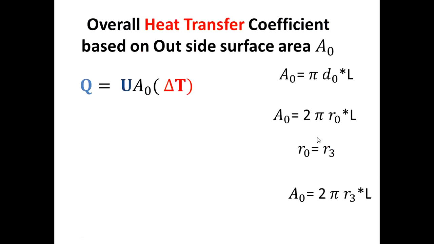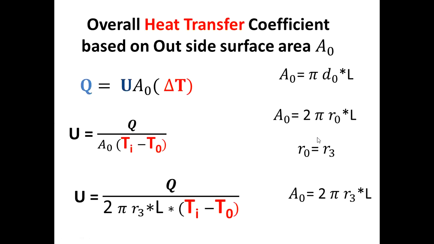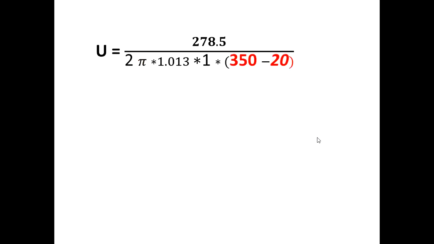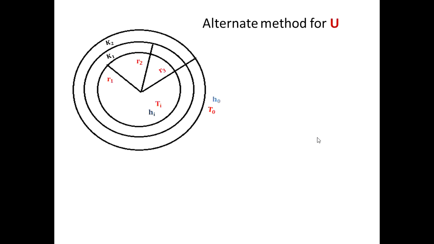Overall heat transfer coefficient, you know the concept. Depending upon the external R3, the value will be like this. You calculate and put values. Alternate method for U, depending upon the external radius R3.